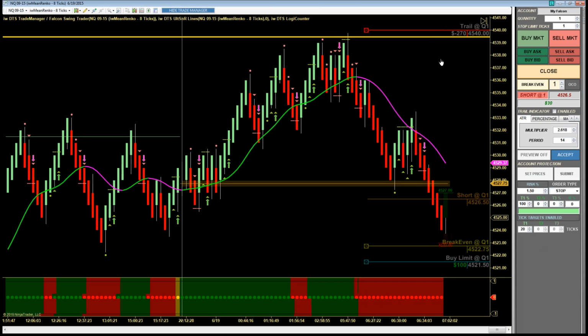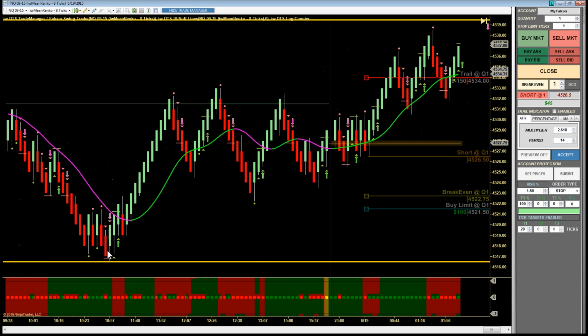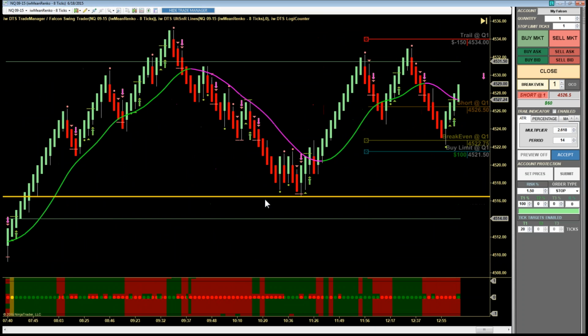At this point, I could safely roll my stop above here if I chose, because obviously this resistance now is going to hold as they try to get down to some of these lows from yesterday's Asian session and the overnight.